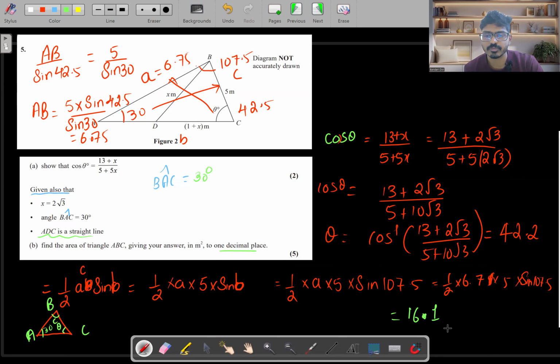So this is going to be our answer for this question. Therefore, the area of this triangle will be 16.1.